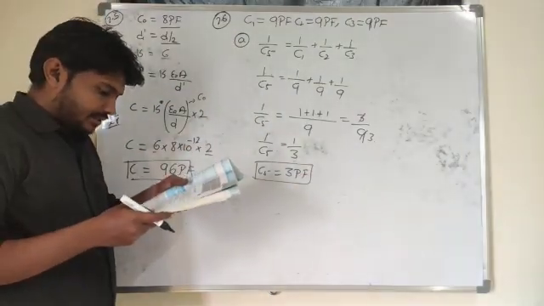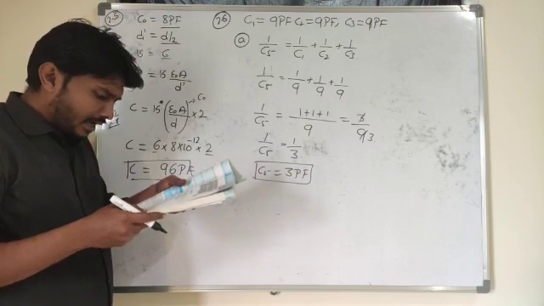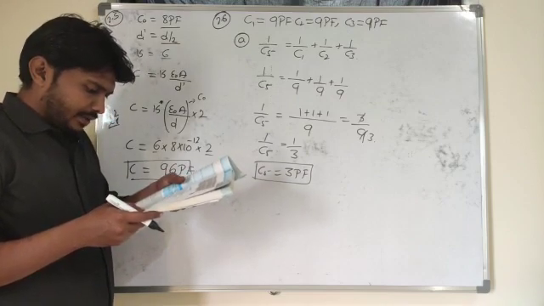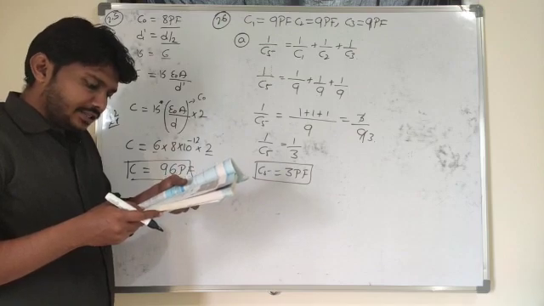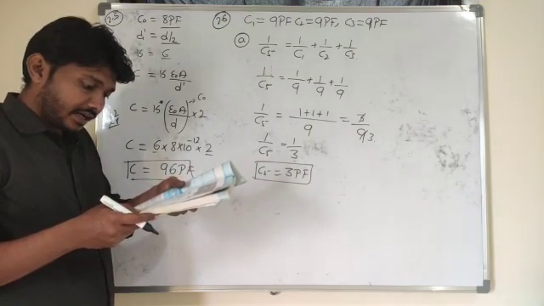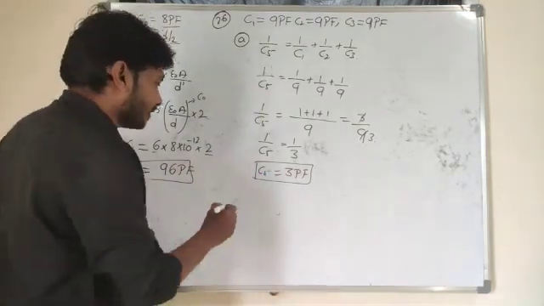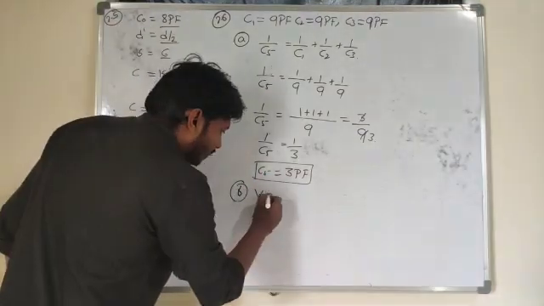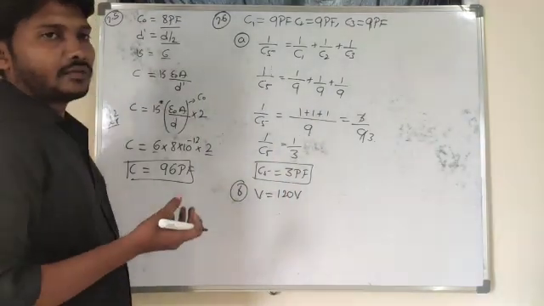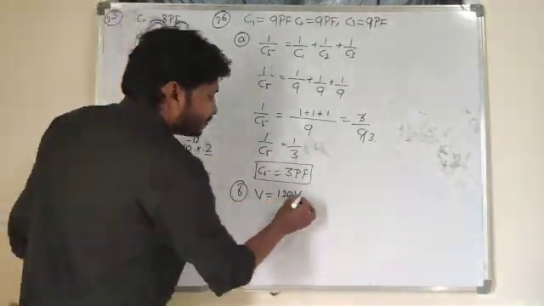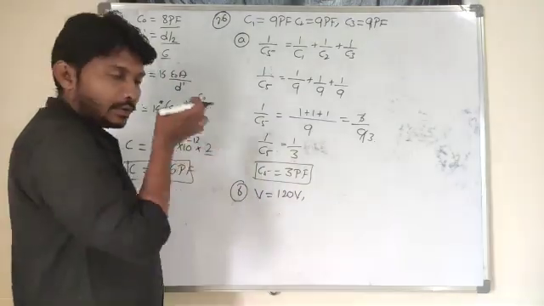What is the effective capacitance here? Effective capacitance is 3 picofarad. In the sub question, they asked to calculate the potential difference across each capacitor if the combination is connected to a 120 volt supply. So the combination is provided by a 120 volt supply, then what about the individual potential differences?